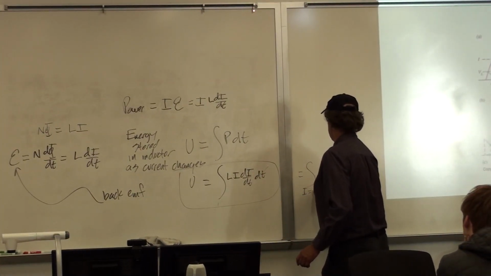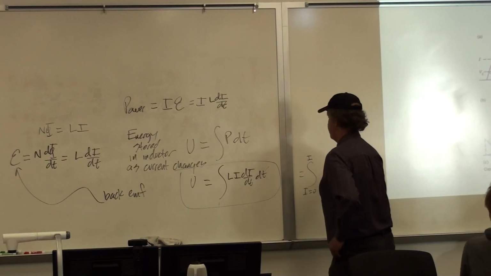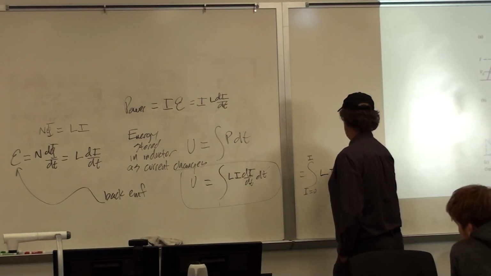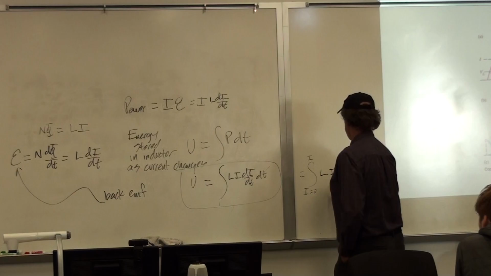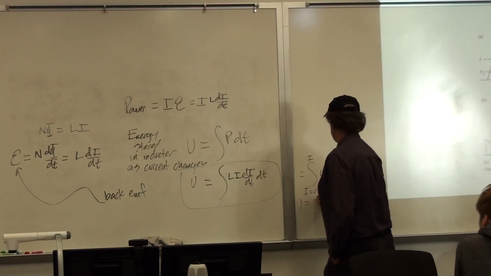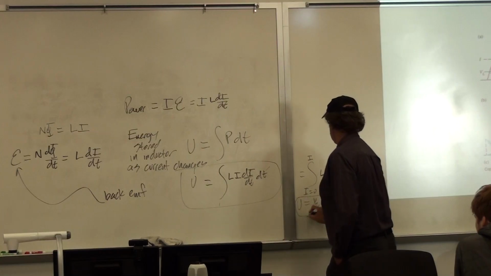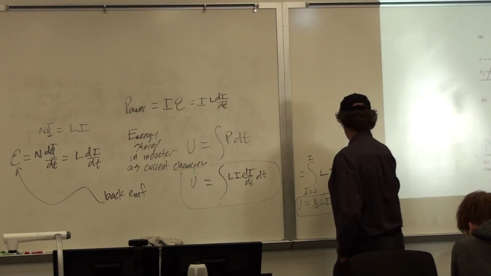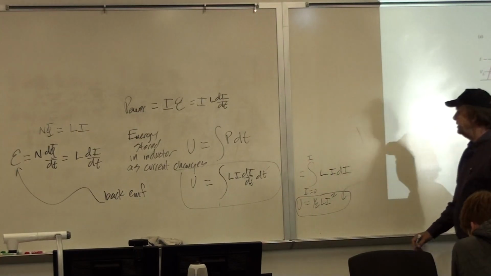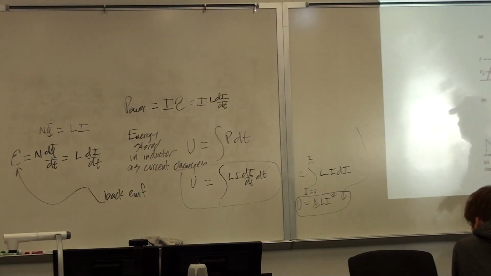Let's start with 0 and go to some current I. It's going to be the integral of Li di. And what's that equal to? It's just 1/2 Li squared. So this is the amount of energy required to get an inductor going with that amount of current.